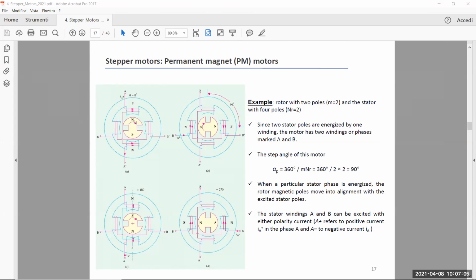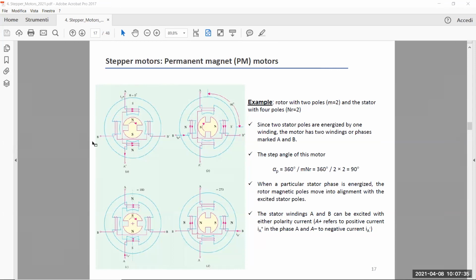Then you have the rotor, which is a circularly shaped rotor, but in which you have embedded a permanent magnet. In this case, you have two poles, north and south pole, in the rotor. Remember what I said, that in order to make possible the rotation in alpha p elementary step, you have to excite, in this case, one phase at a time.